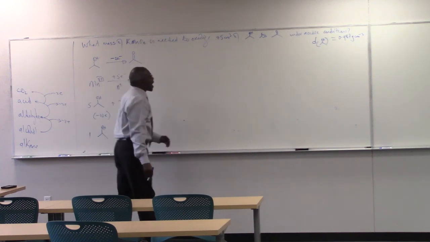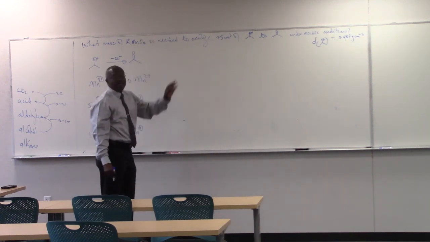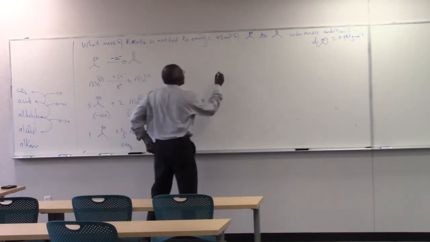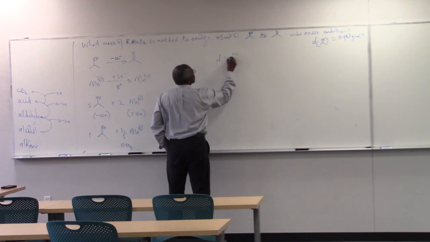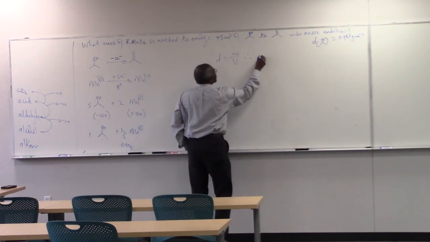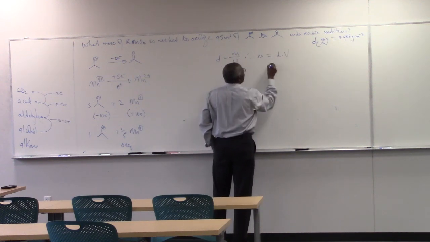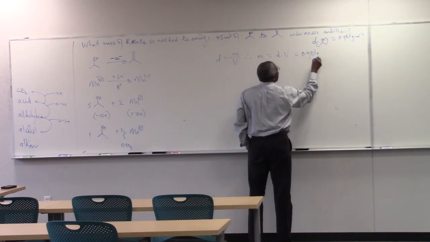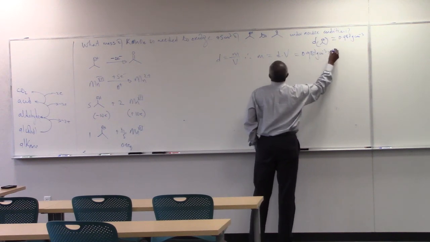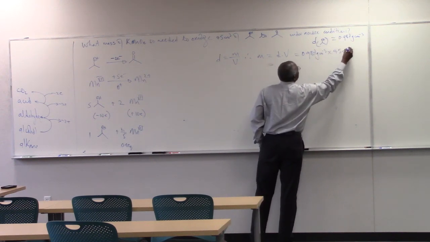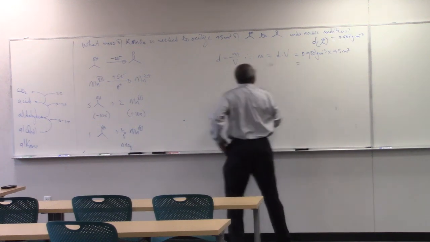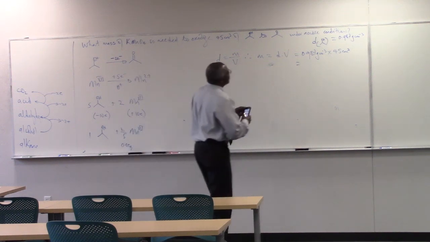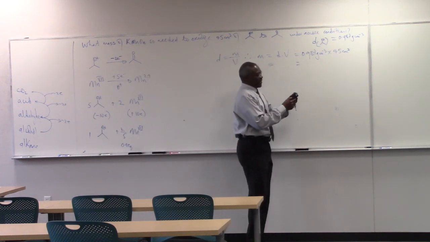Well, I need to know the number of moles that I have. To get the number of moles, I need the mass. So density is equal to mass over volume. Therefore, mass is equal to density times volume, which is equal to 0.987 grams per cm cubed times the 45 cm cubed. And that's equal to 42.3.